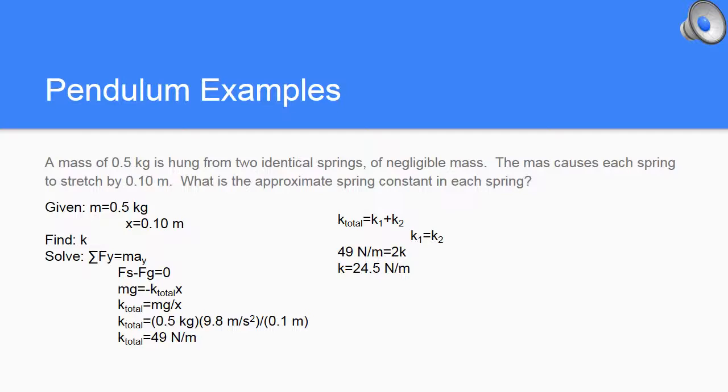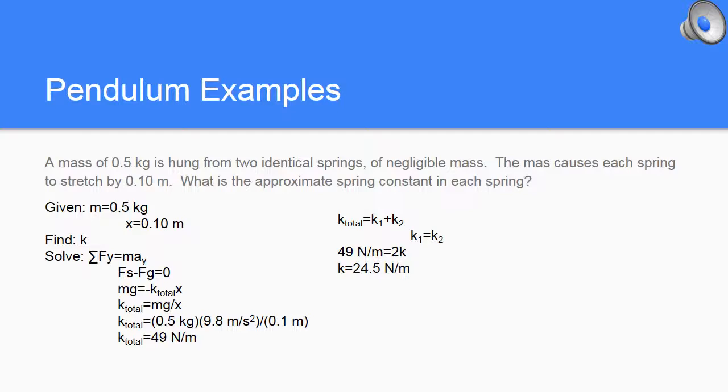So first we're going to solve for the forces in the y direction. And so we're going to have the spring force minus the gravitational force, which equals 0. And then we're going to have mg equals negative kx. But the negative k is going to be the total spring constant of both springs.